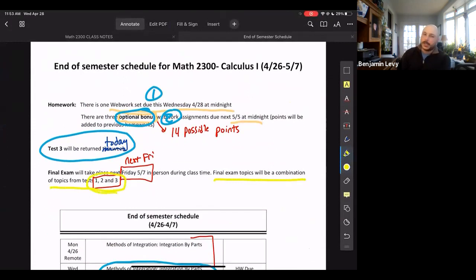I'm not going to tack extra things on that we're doing right at the end. I feel like the first 3 tests is way more than enough material. It also means that you don't have to make a topic sheet or do anything extra. All the review material, all the topics, all the practice problems are already up there, and you should use test 1, 2, and 3 to study.